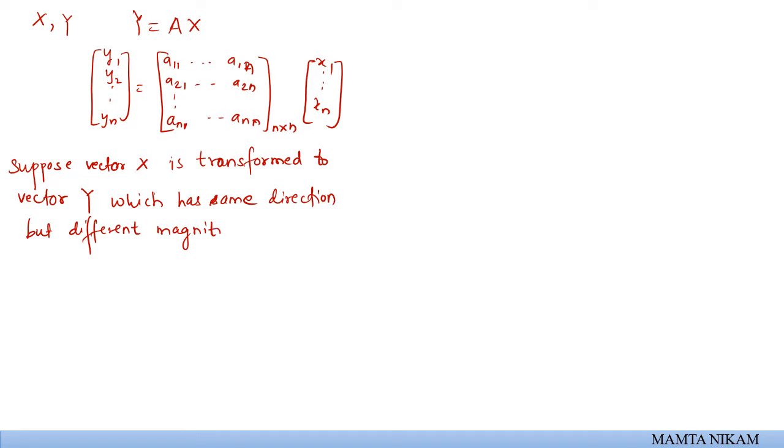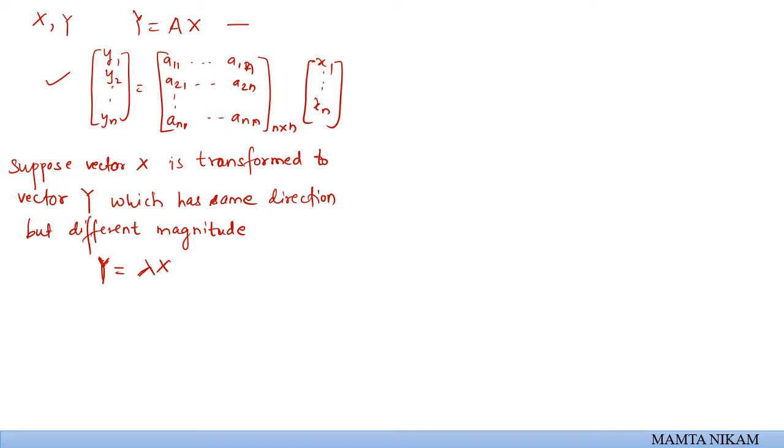So that means suppose we have a vector, say, y equal to lambda x. Here lambda acts as a magnitude. This vector x and this newly transformed vector y have the same direction, but it has a different magnitude. Say it is multiplied by a lambda term.